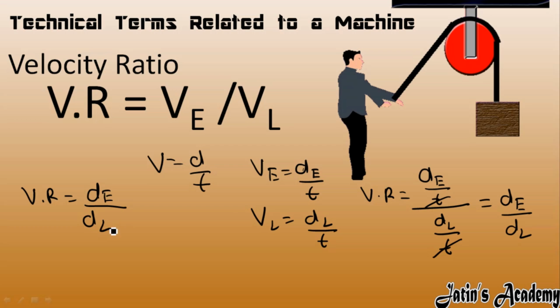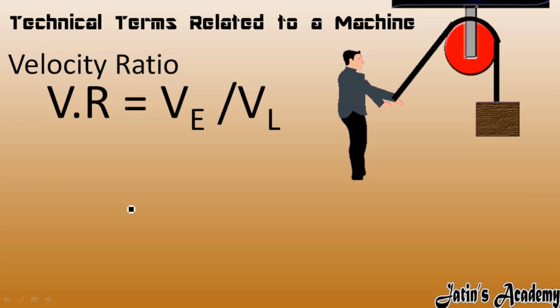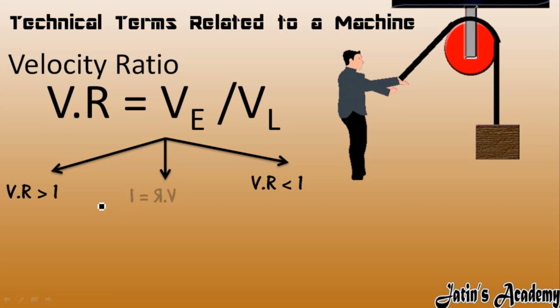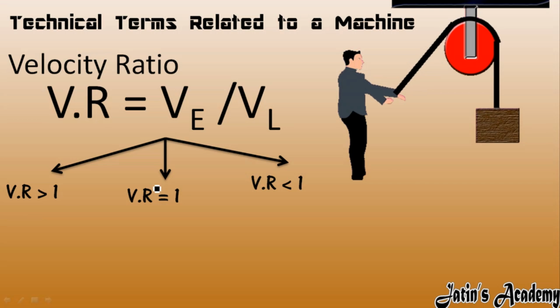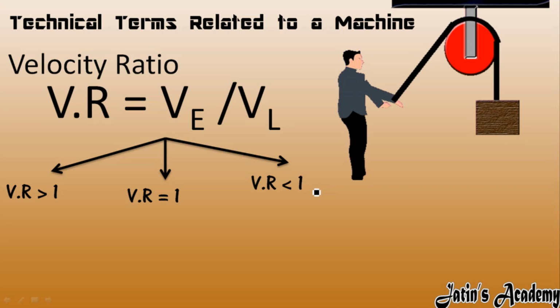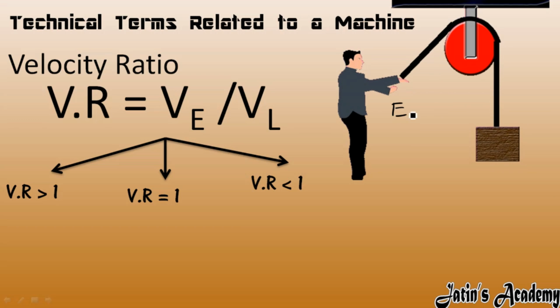Again, velocity ratio can have three cases. First, velocity ratio greater than 1, second, velocity ratio equal to 1, and third, velocity ratio less than 1. Similar to mechanical advantage, we are getting the same thing. Here we have effort, and here it is the load.